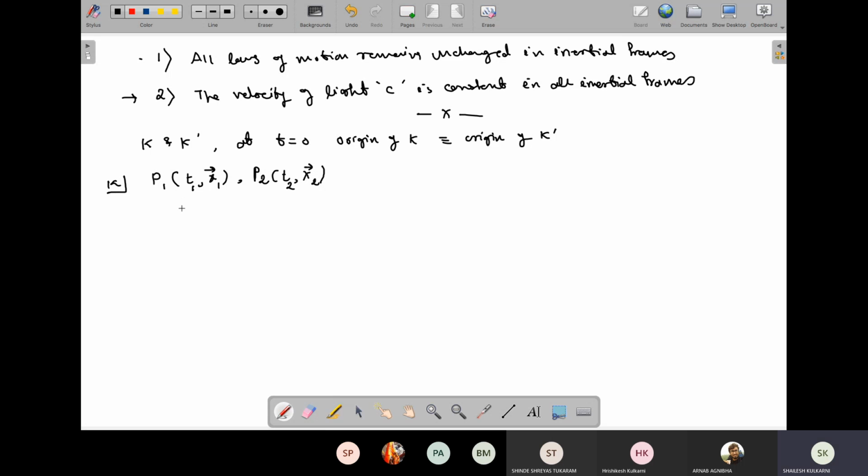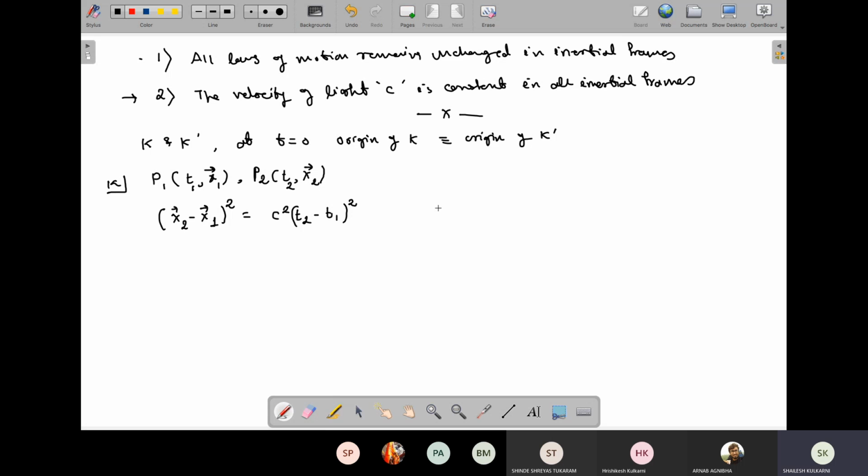Since the light wave travels with velocity c, we have the following equation: x2 minus x1 whole square, where these are vectors and whole square means the dot product with itself, is equal to c square times t2 minus t1 whole square. Agree? This is the equation of a spherical wavefront.